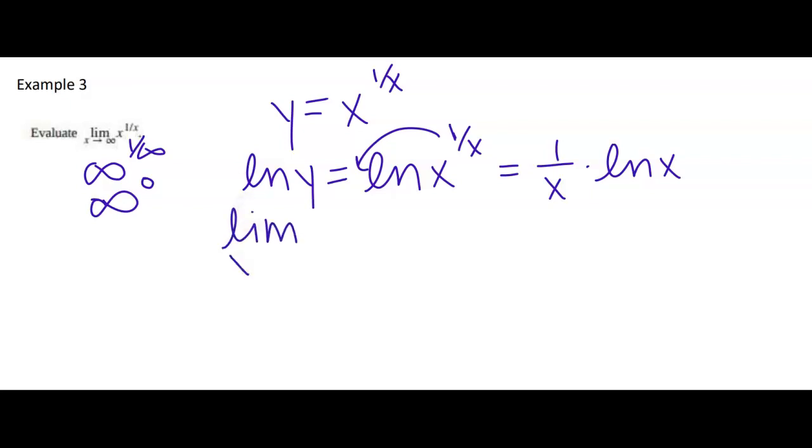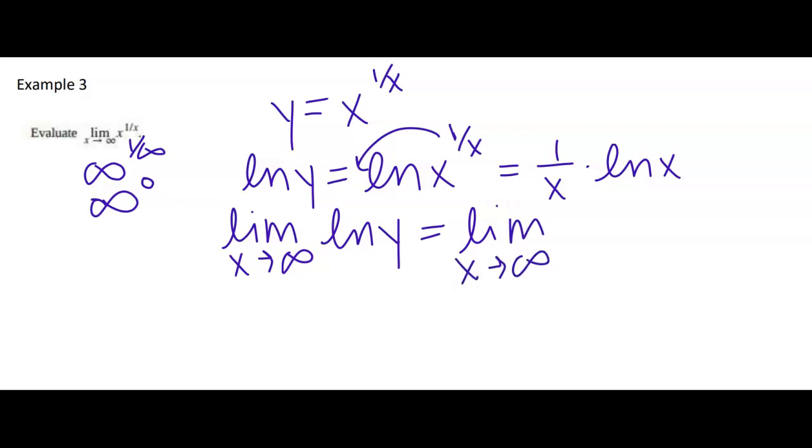The limit as x goes to infinity of the natural log of y, we say is equal to the limit as x goes to infinity of, I'm going to write this as the natural log of x over x. Now be careful, don't be like, oh, and the x's cancel. Nope, natural log is a composite function. Natural log of the argument x over x. It is not a multiplication in the top, but it is infinity over infinity, so I can use L'Hopital's rule.